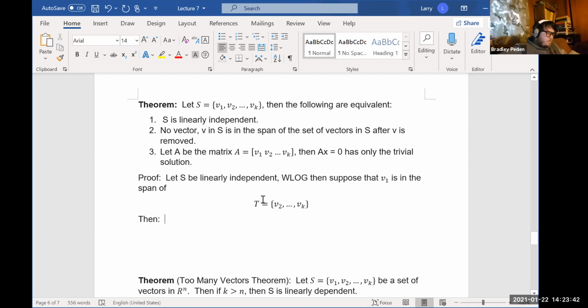Usually you start with a C1, but since it's V2, I'm going to call it C2 V2. It doesn't matter what you label the constants.